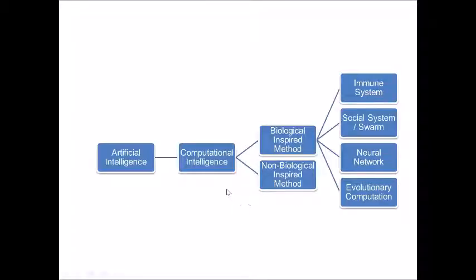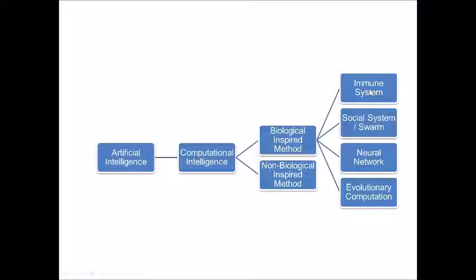This is the taxonomy of where artificial immune system is. Under AI, this is under computational intelligence. We can divide into two branches: biologically inspired and non-biologically inspired. The immune system is positioned under the biologically inspired methods.